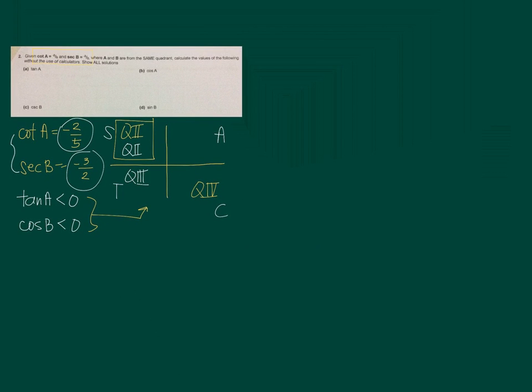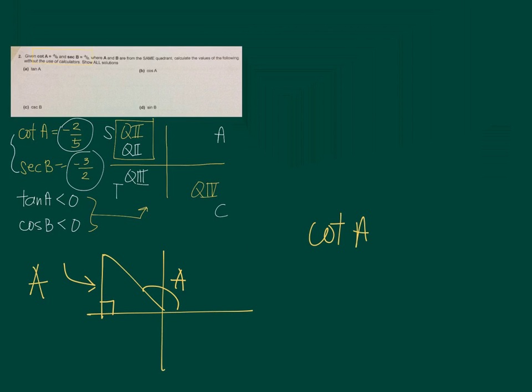So let's connect what we have now. Let's talk about angle A first. If angle A is located in the second quadrant, we can create a right triangle. So if this is A, then this is the triangle that we can create. Now since cotangent A is negative 2 over 5, this means tangent A, being the reciprocal, is negative 5 over 2.